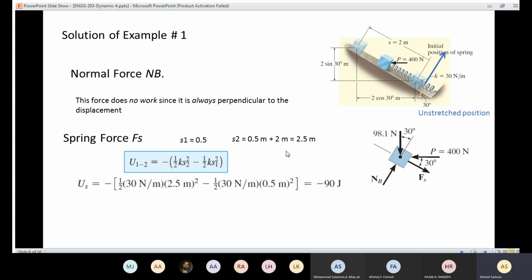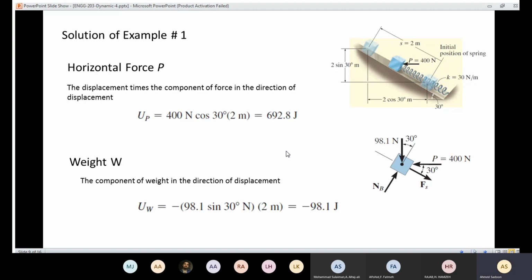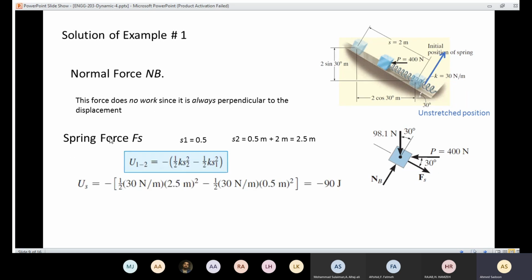Now I need to determine the total work that has been done by all the forces. The work done by the horizontal force is positive, the work done by the weight is negative, and the work done by the spring force is negative.